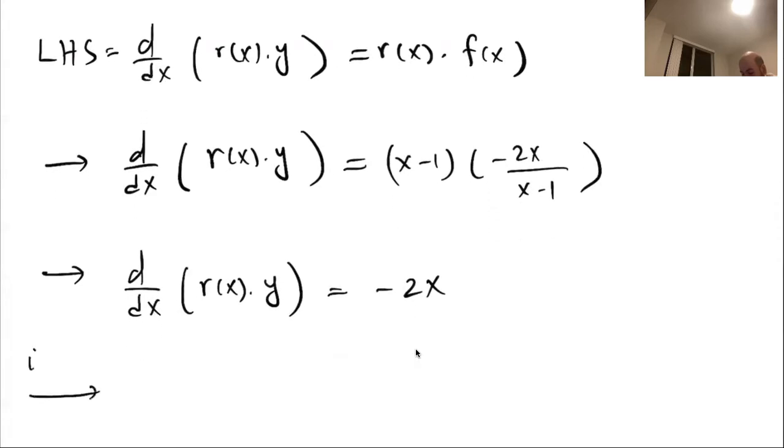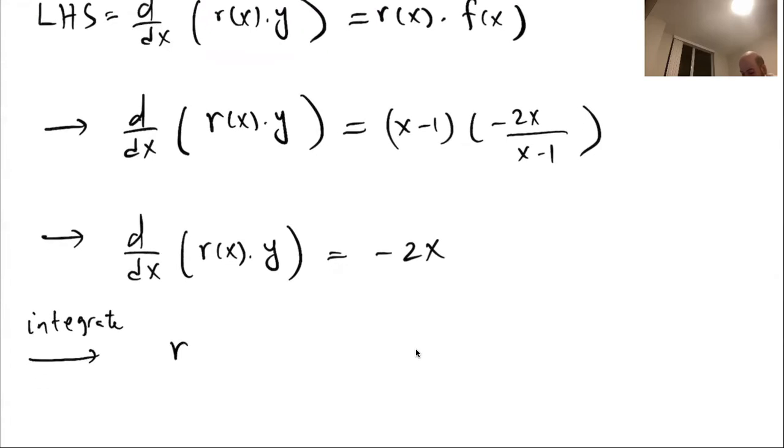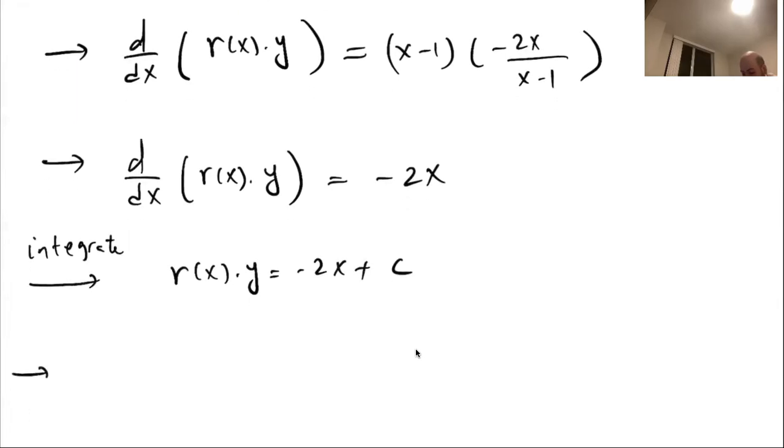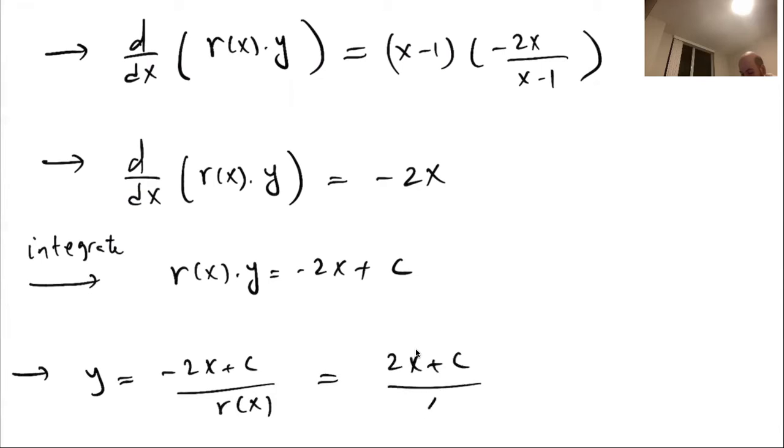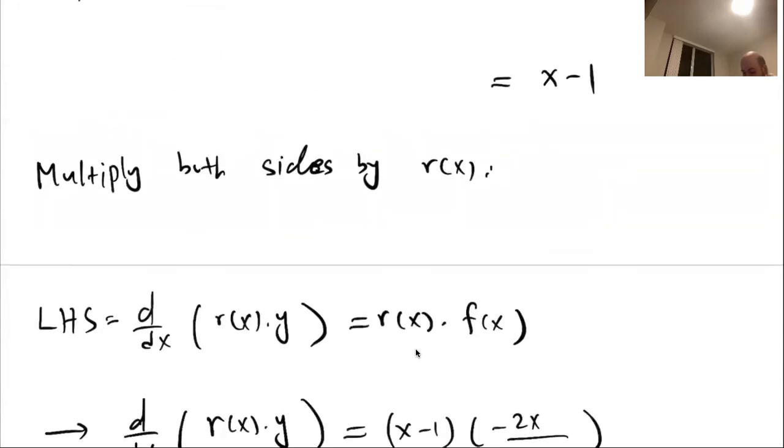And if we integrate, then we'll have r of x times y equals minus 2x plus a constant c, and y will be equal to minus 2x plus c divided by r of x. R of x is x minus 1. So y equals minus 2x plus c divided by x minus 1.